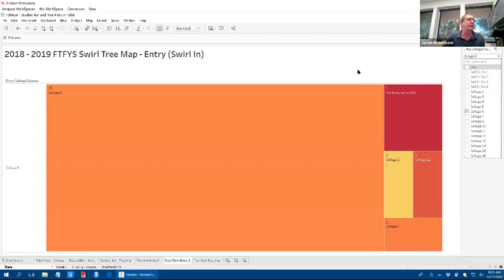Then you see the entry college, and this is the tracking college here. We don't have the entry college labels on here, but you can see the number of students who stayed in that college, the number of students who weren't retained, and those that moved to other colleges or divisions.